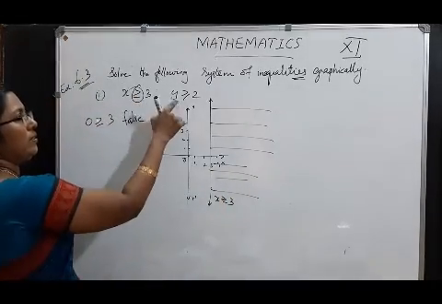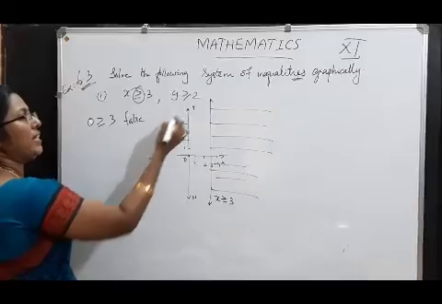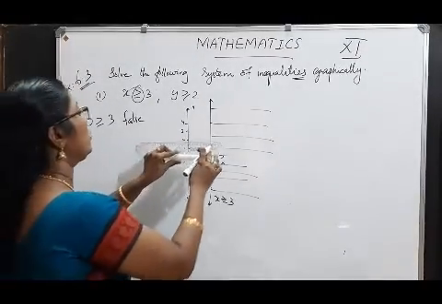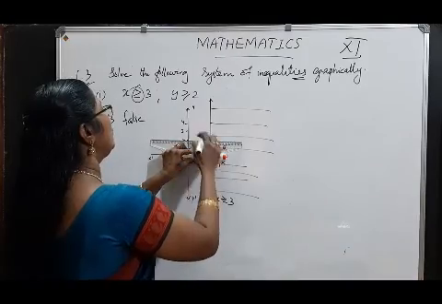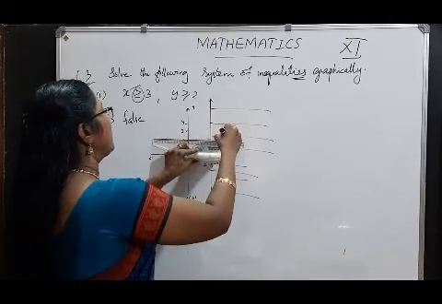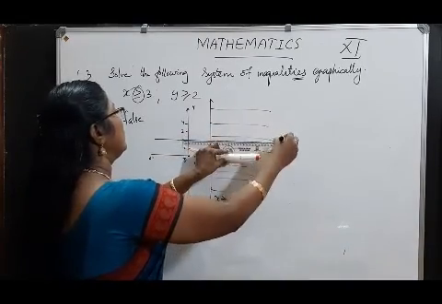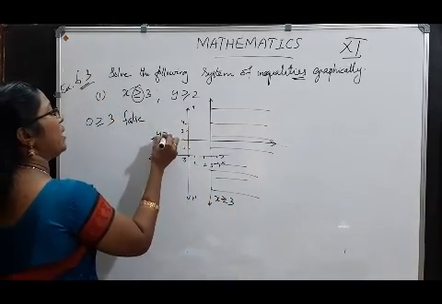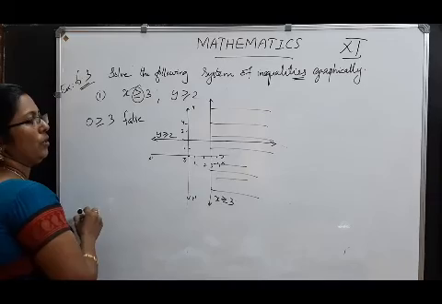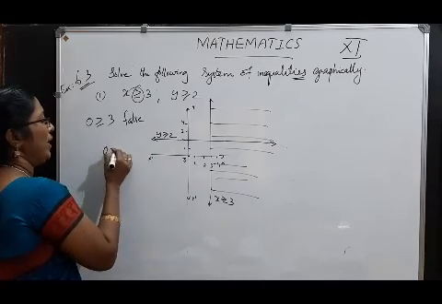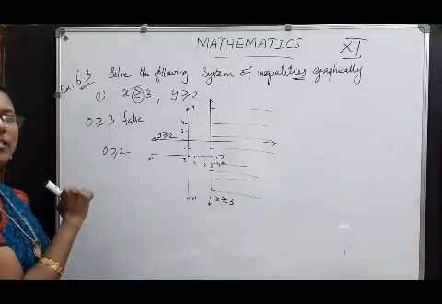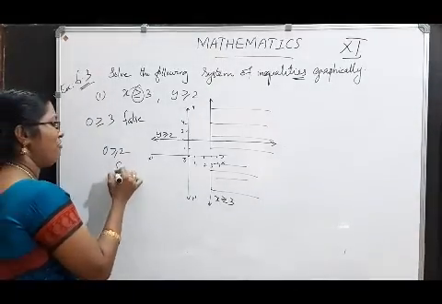Then the second one is y greater than or equal to 2. First of all, draw y equal to 2. This is y greater than or equal to 2. Then substitute 0: 0 greater than or equal to 2? No, false.